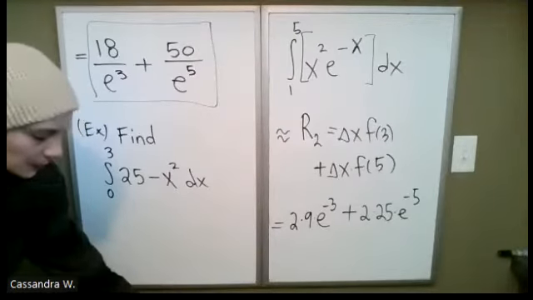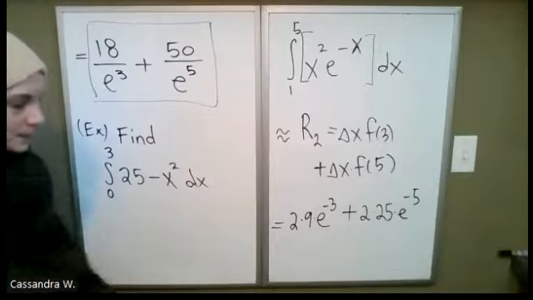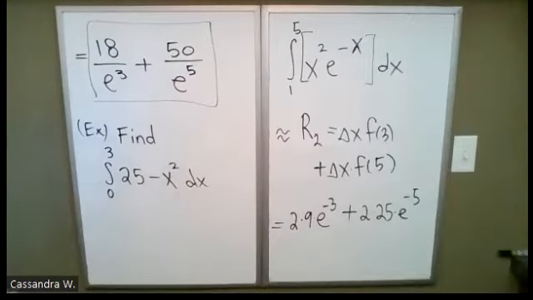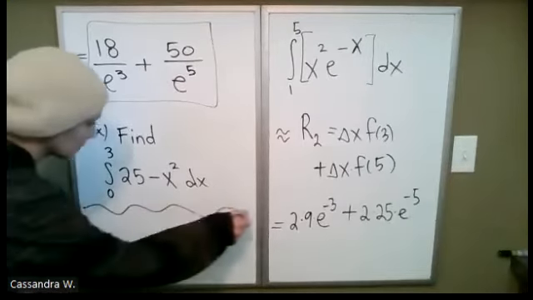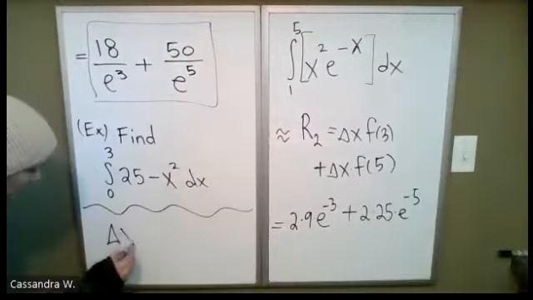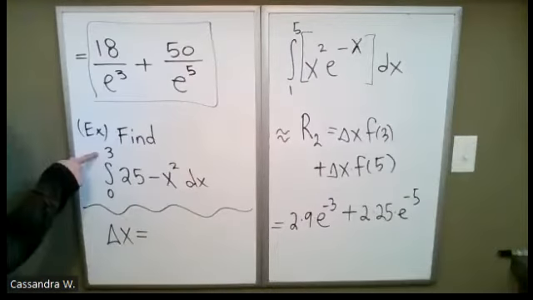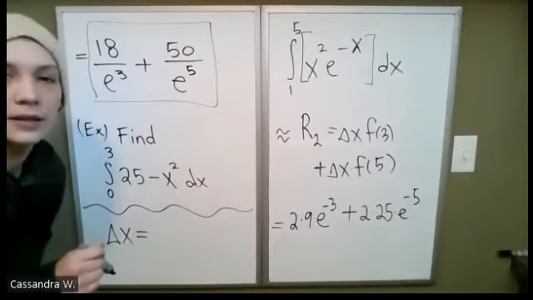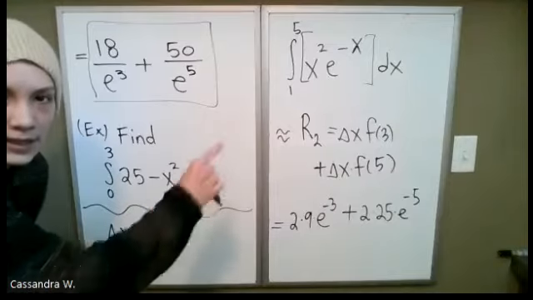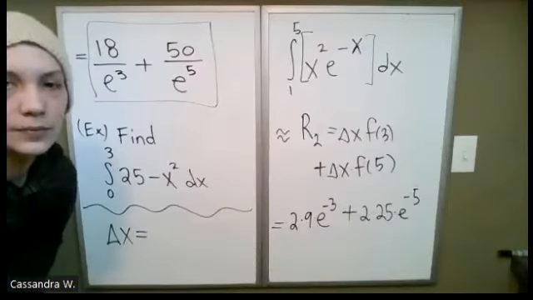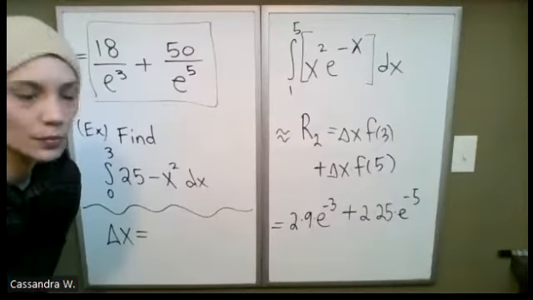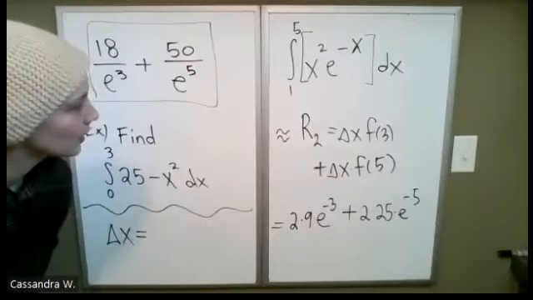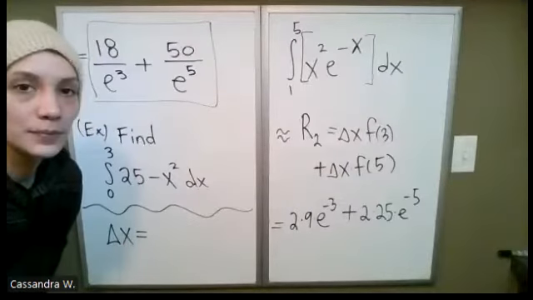So first I found delta x. Wait, isn't dx the same thing as delta x? Sorry, did you say because e? Because there's dx up there, and then... Oh yeah, I just realized that. Wait, dx? Where did dx go?